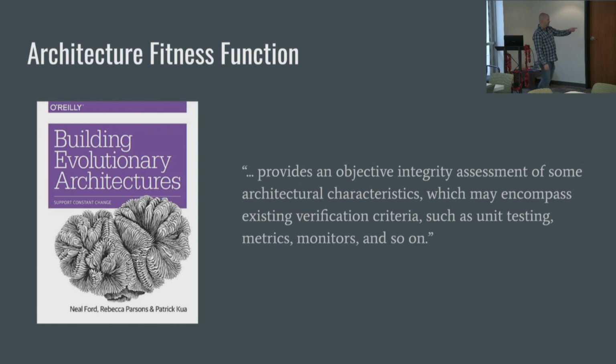The authors will notice they have some ties with ThoughtWorks. And they describe architecture fitness function in that it provides an objective integrity assessment of some architectural characteristics which may encompass existing verification criteria, such as unit testing, metrics, monitors, and so on.